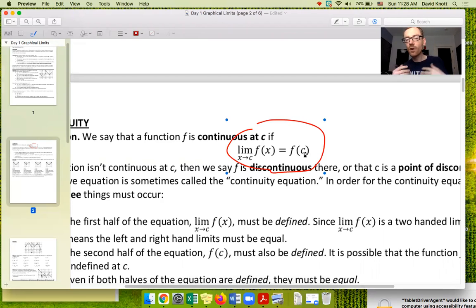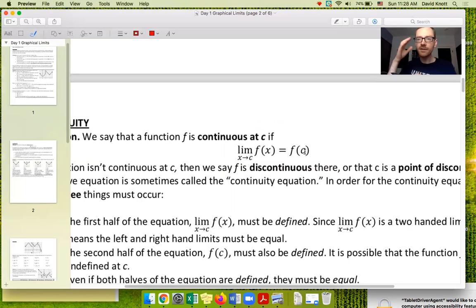And one of the big ideas of this lesson, of this particular video, is that you have to understand how this technical, abstract, algebraic definition really does mean simply that there are no gaps in the graph at that point. Okay, that's really what it means. So how can we make that transition?